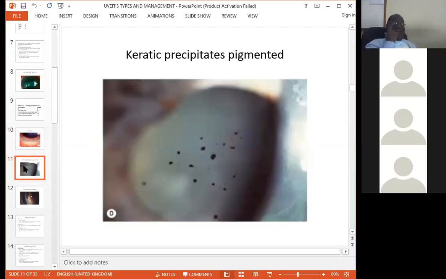And this, where is this? Is stuck onto the cornea posteriorly. These particles are keratic precipitates which are pigmented. Those that are not pigmented may be white. You get this pigmentation if they've been standing there for a long time.